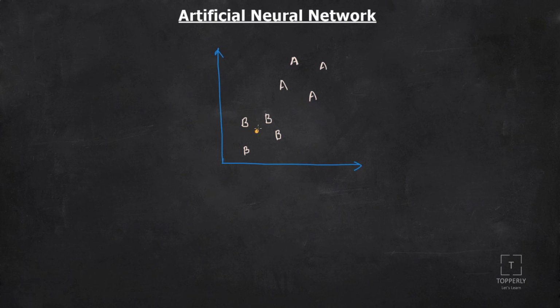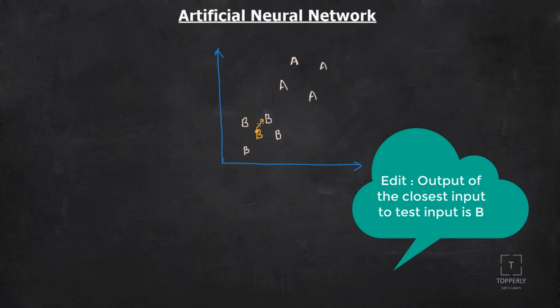So intuitively we can say that the output of this particular input will be B, right? Why? Because we can see that the closest input to our test input is a B. So this is how memory based learning works.